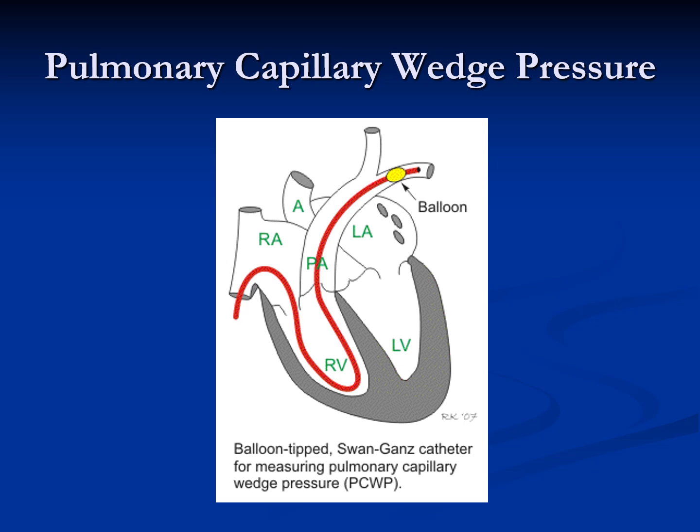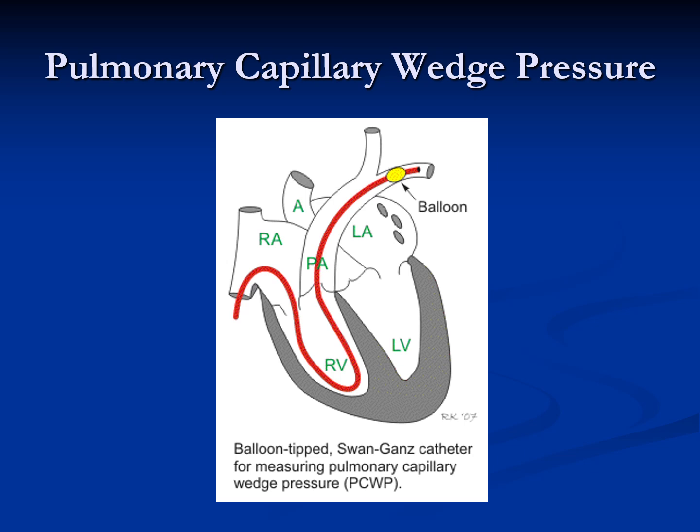So if you look at this figure, it's very easy to introduce a catheter through any of the veins, jugular vein, femoral vein, and slide it all the way to the right atrium. And you can stop there and measure right atrial pressure. Then into the right ventricle and measure RV pressure. Then into the pulmonary artery, where you see it sit in this graph, and measure pulmonary artery pressure.